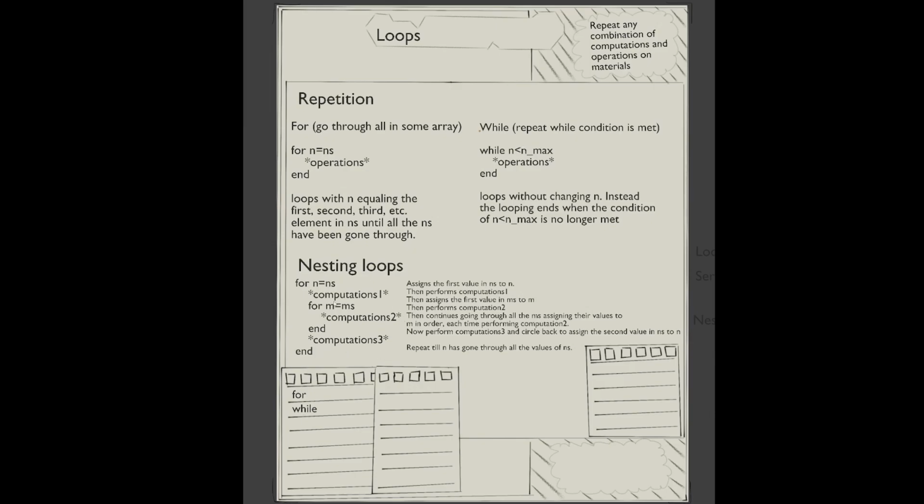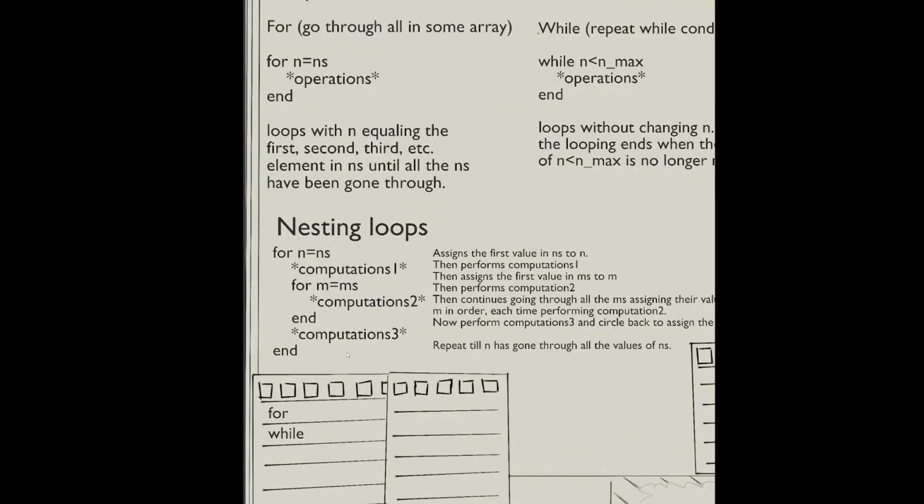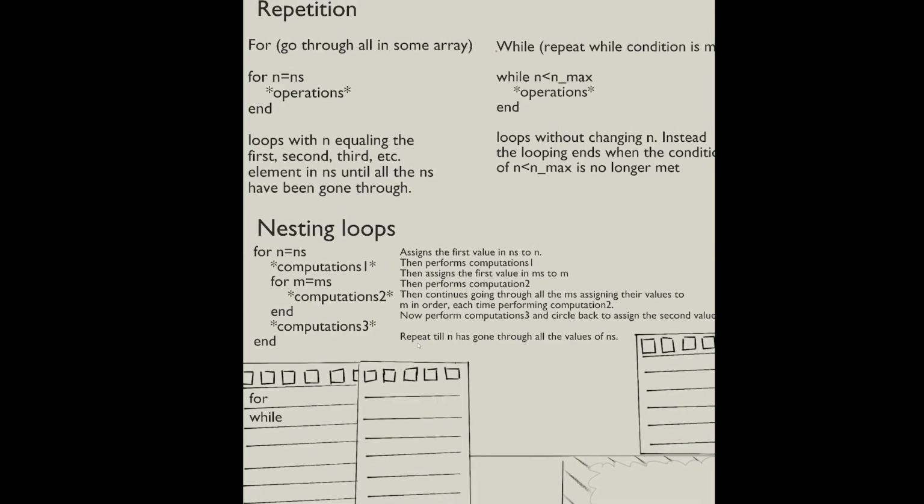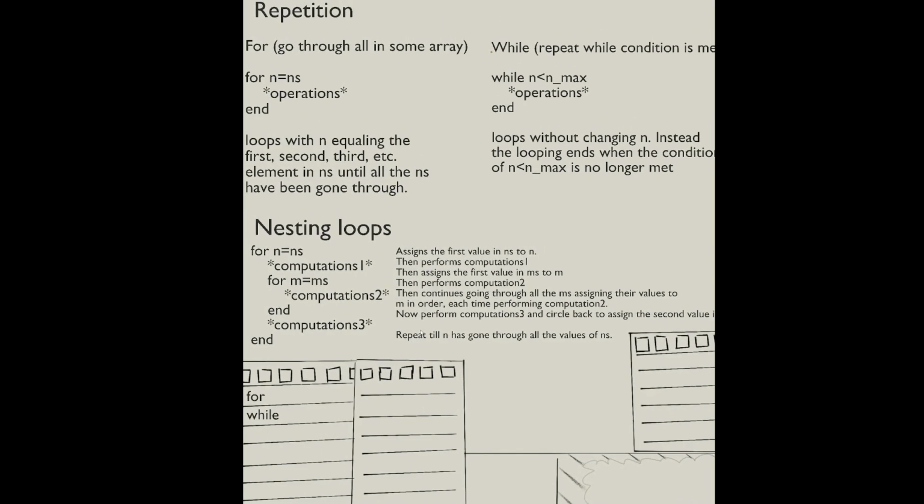All right, so for nesting loops, you can nest loops, which means looping within loops. So for nesting loops, you have for n equals n's, and then some computations, then indented, as you can see, also with the computations, for m equals m's, because you would want the n and the m to be separate variables, otherwise it would override, it wouldn't work like you would expect.